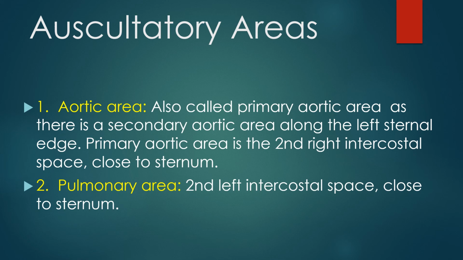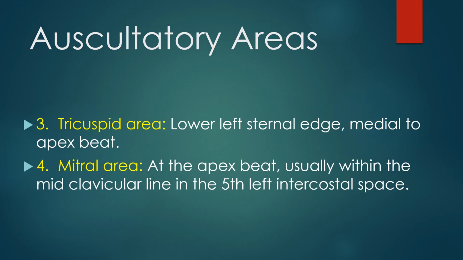Primary aortic area is the second right intercostal space close to sternum. Pulmonary area is in the second left intercostal space close to sternum. Tricuspid area is lower left sternal edge medial to the apex beat, while the mitral area is at the apex beat, usually within the midclavicular line in the fifth left intercostal space.